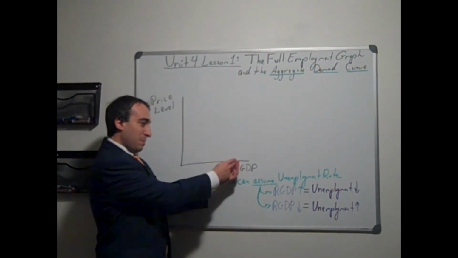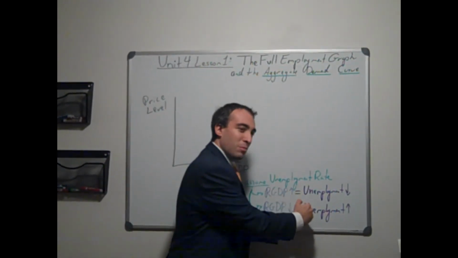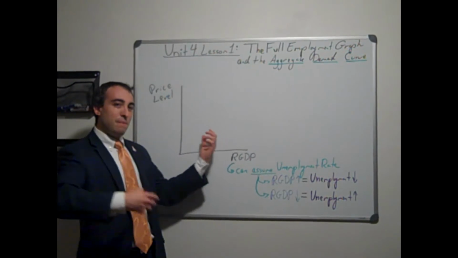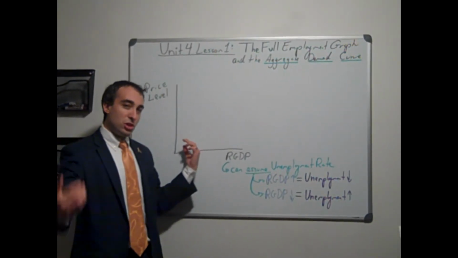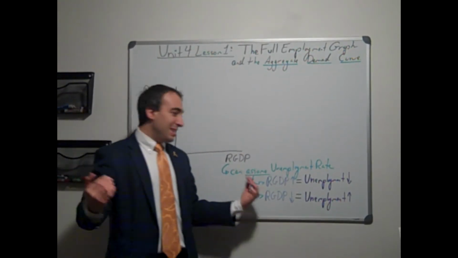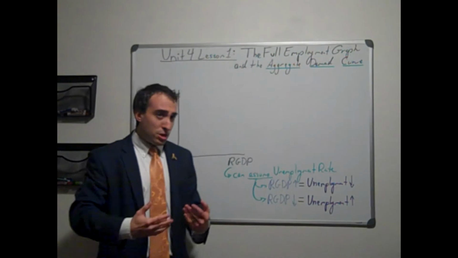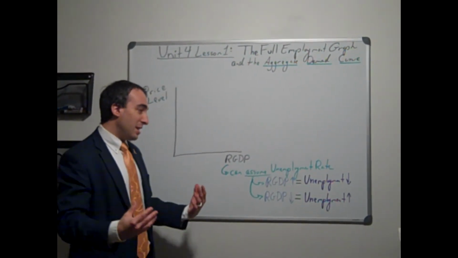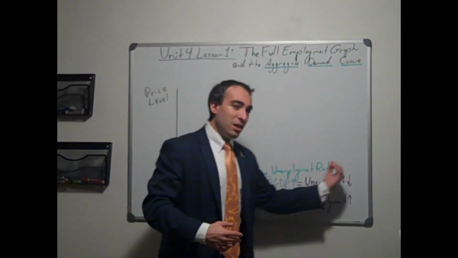Inversely, as real GDP is decreasing, we could assume that the unemployment rate is increasing because as businesses cut back on production, as there is less spending on newly produced goods and services, we do not need the labor to produce those goods and services. So businesses are unfortunately laying people off as there is a decrease in spending. So therefore, as real GDP decreases, unemployment will increase.